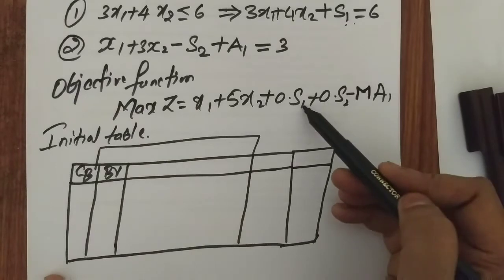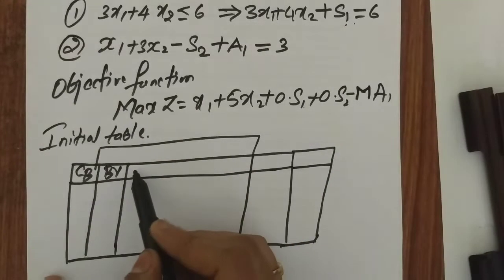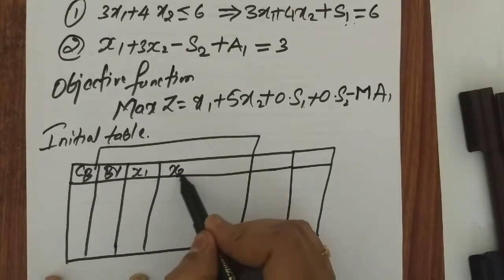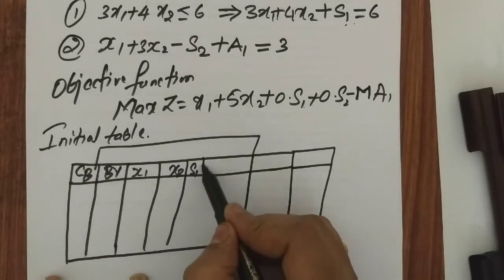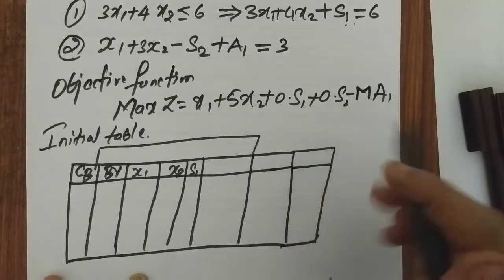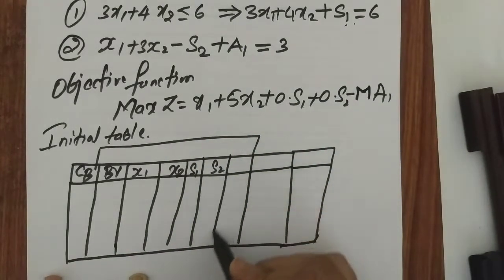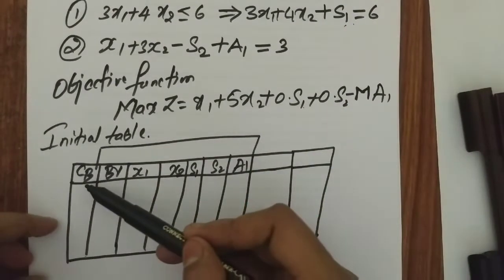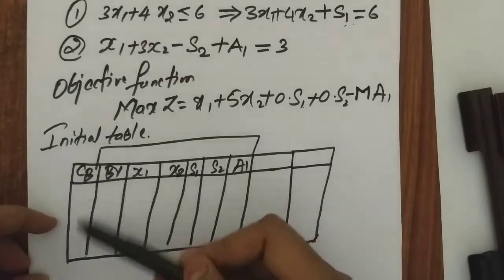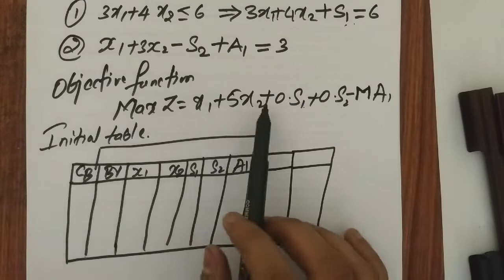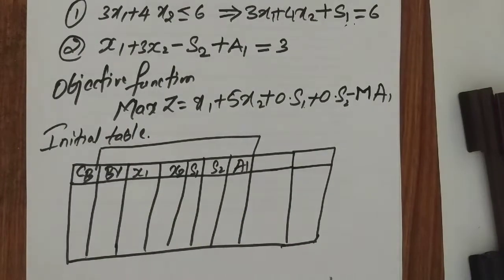Basic variables are S1 and A1. Next we have our variables x1, x2, s1, s2, a1 from the objective function. The first column and the top row are the coefficient values of your objective function.